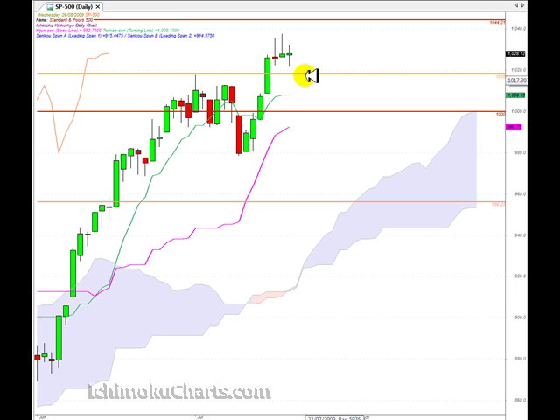If that potential area of support is taken out, then we have the support at the Tenkan-sen to consider, and that's at 1008. And the Tenkan-sen has actually turned flat, and that tends to be an attractor of price action when it turns flat.